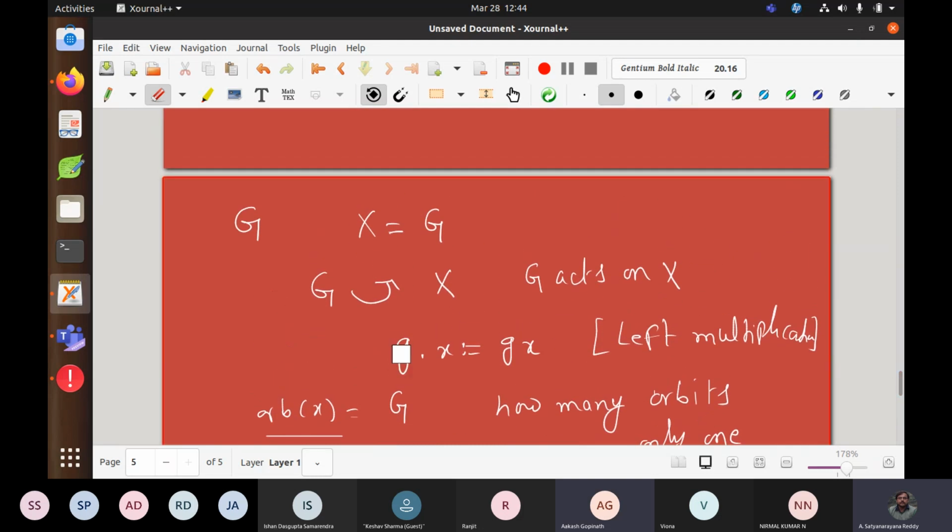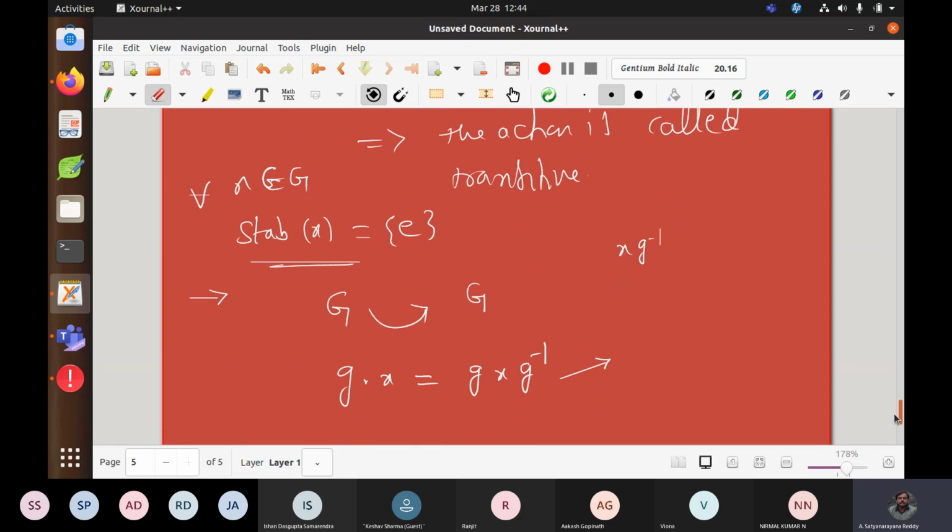I am telling you, G acting on X. The elements in the capital X I am calling x, right? So xg inverse. I hope you understand my concerns. Otherwise, I am unable to understand.